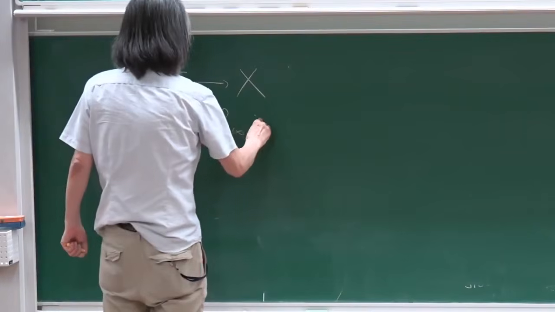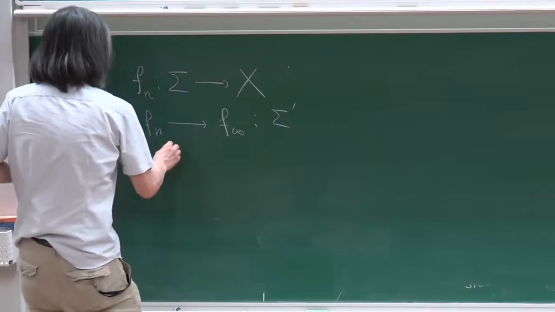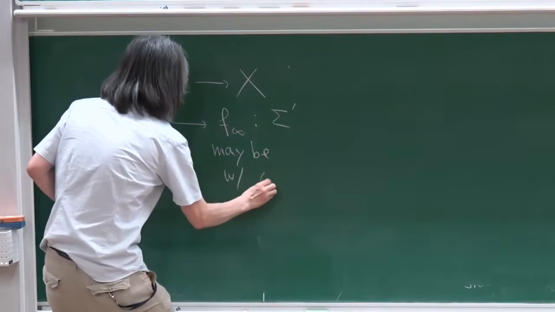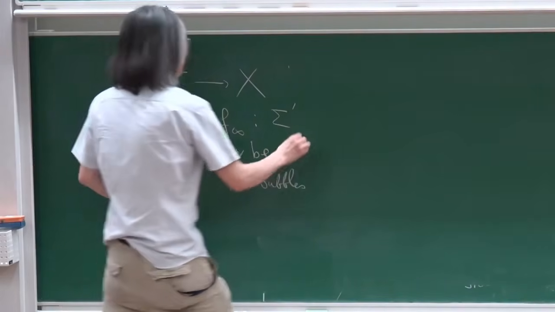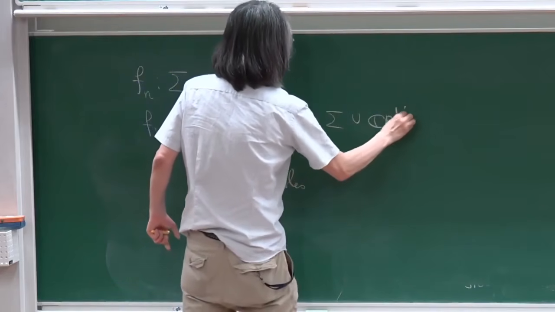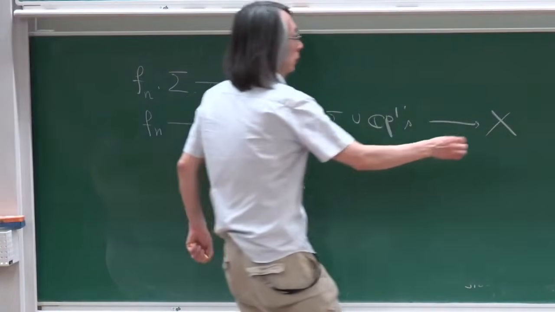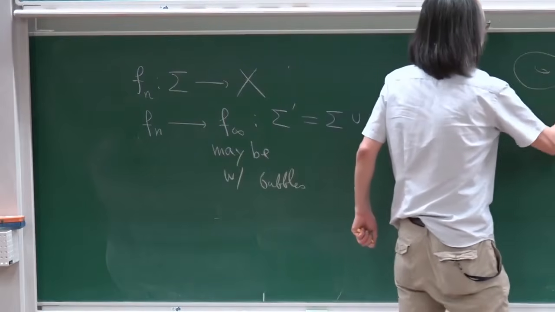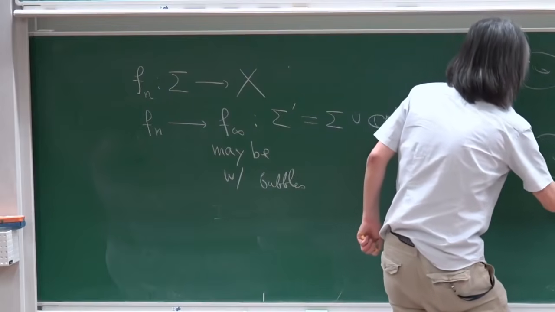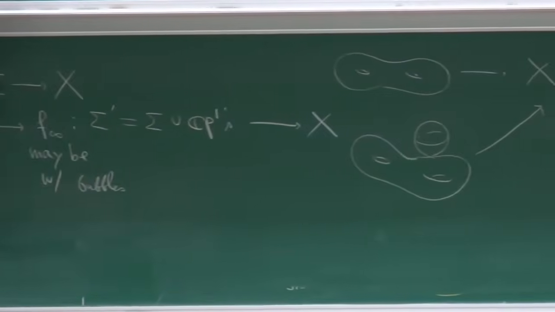But this one may not have the same domain, but maybe with a bubble, right? Maybe sigma with a bunch of CP1. So at the beginning I only have a map from certain things to here, but in the end I may have a map from here to here. You may have such a thing.